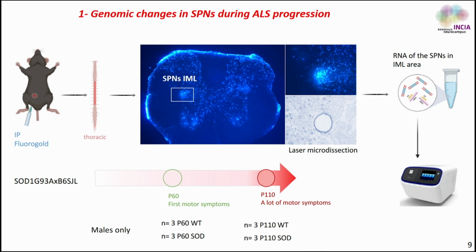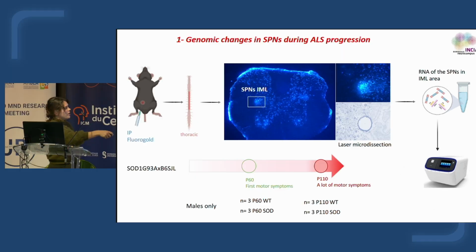To select the SPN precisely in the IML area in the thoracic part of the spinal cord, we use laser microdissection, and we extract and sequence the RNA of SPN in each sample, and then we compare each sample with each of the others.